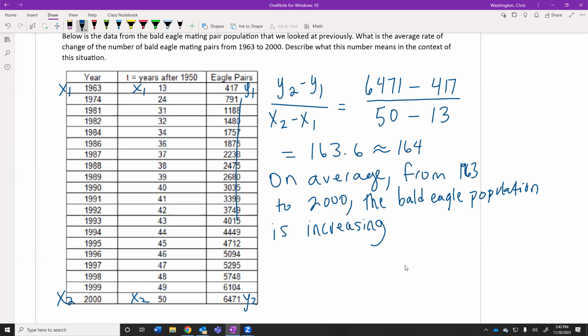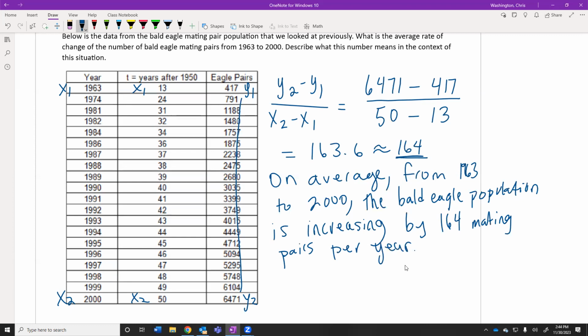Well, the table told me it was increasing, and this number is positive. If the slope is positive, it's increasing. So on average, the bald eagle population is increasing by 164 mating pairs. Because for some reason this data is talking about pairs of eagles, not just individuals. 164 mating pairs per year.